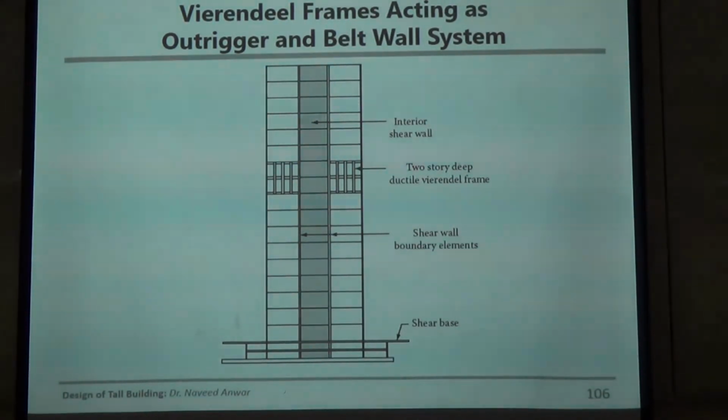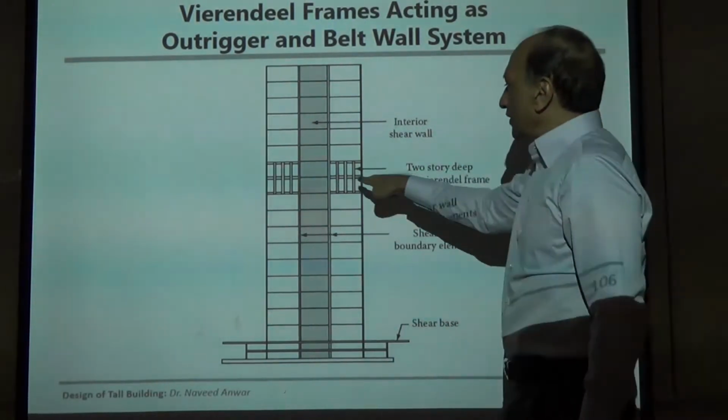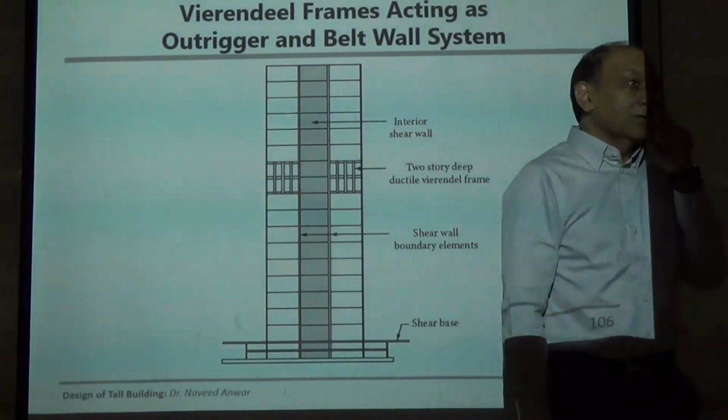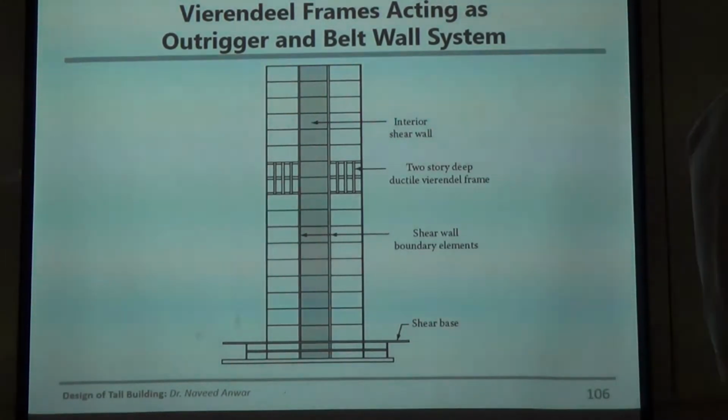That is a Vierendeel truss because it is made from vertical columns and horizontal beams by a moment connection, but it's a truss. So you can sometimes create beams like a truss with openings called Vierendeel truss, and that is exactly what you can do, as I mentioned to you, and give these openings to the architect, right?